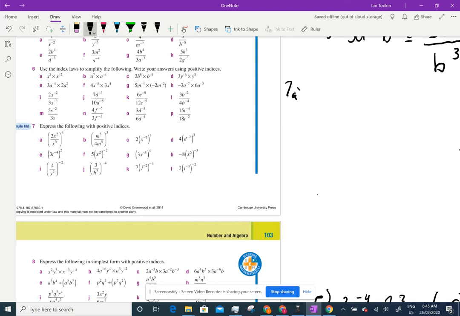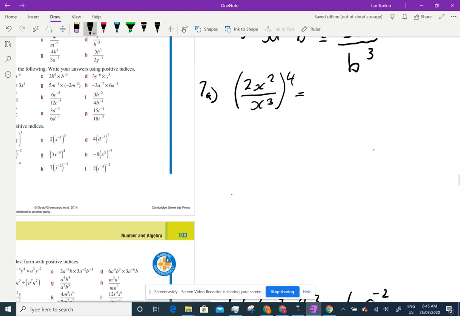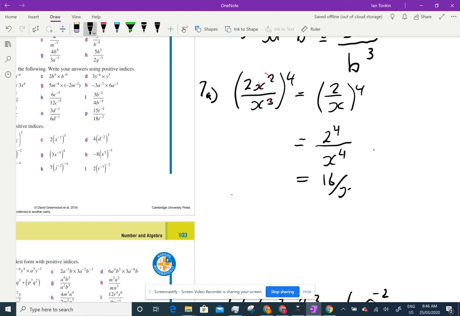A power of a power. So we've got 2x squared on x cubed to the 4. I'm going to simplify inside those parentheses first. I'm going to cancel that with that. So I've got 2 on x to the 4, which means I'm going to get 2 to the 4 on x to the 4. And 2 to the 4 is 16 on x to the 4.